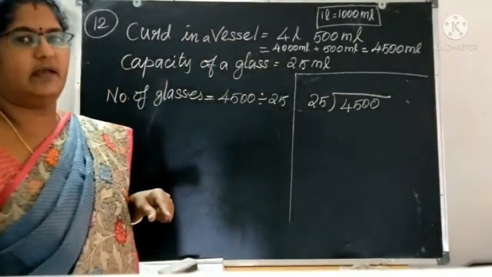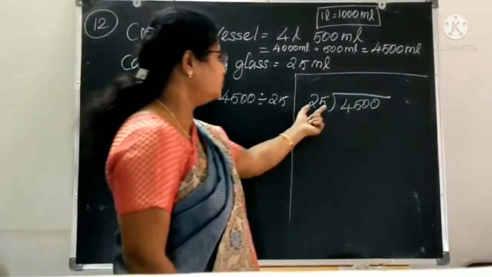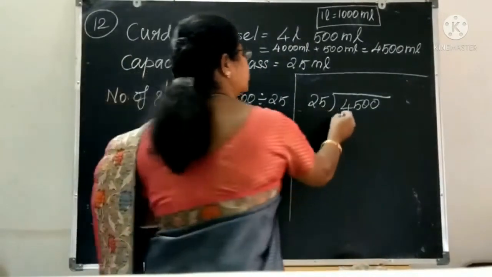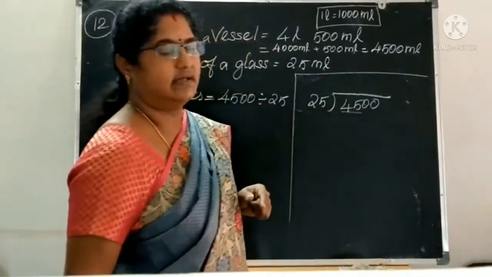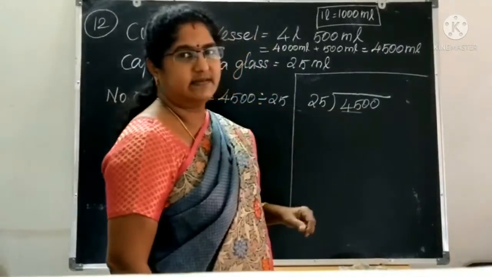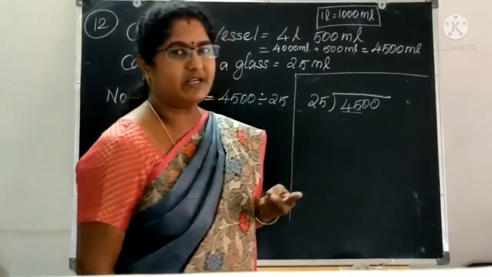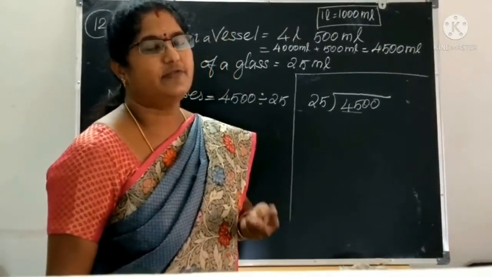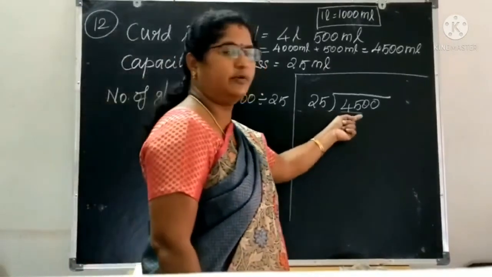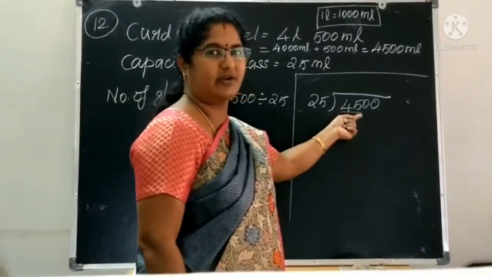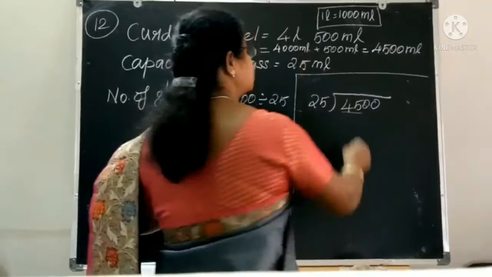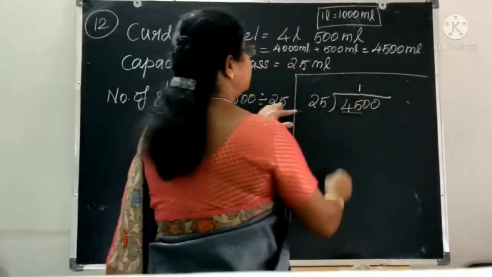Same way, select 2 digits in the divisor. Here also you have to take 2 digits. In this, how many times? You easily know the 25 table: 25, 50, 75, 100, 125. 2 times if you put, this is more than 45. So there is 1 time.